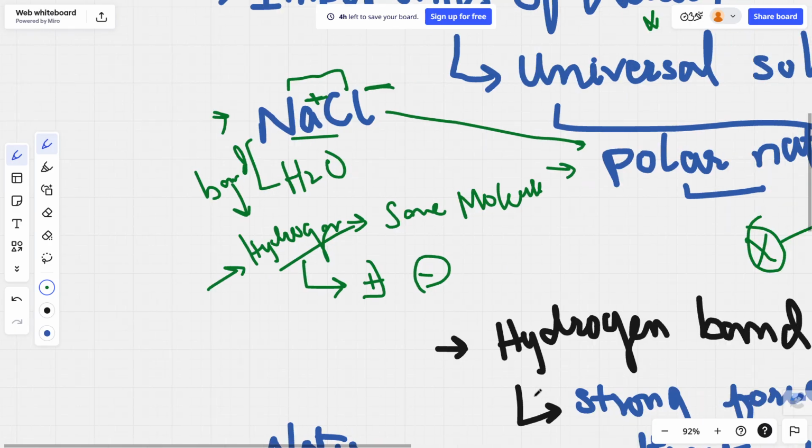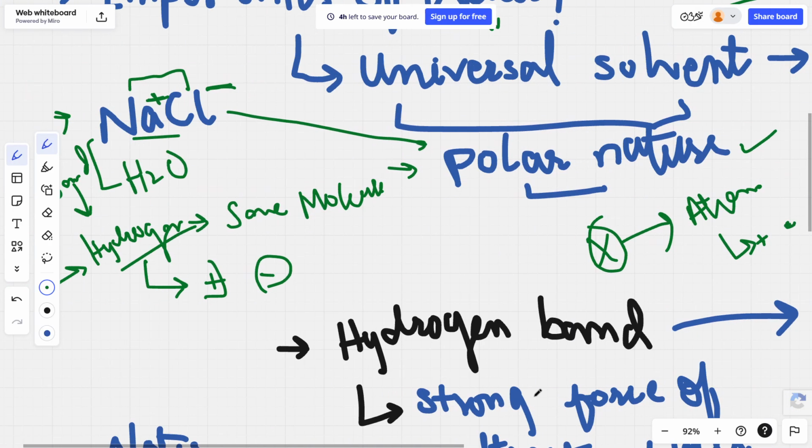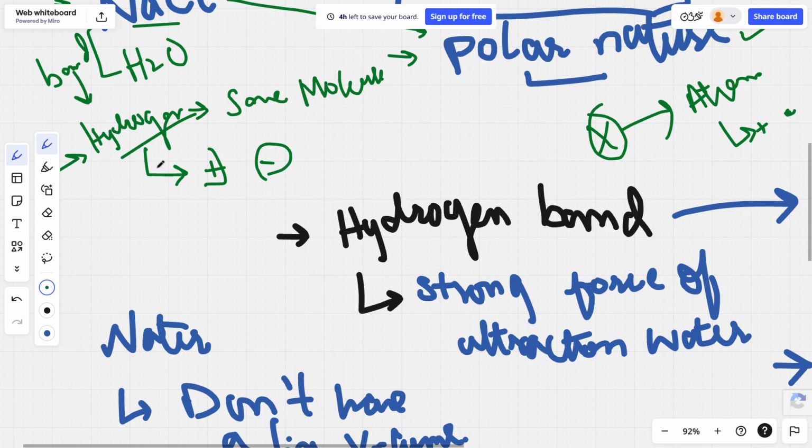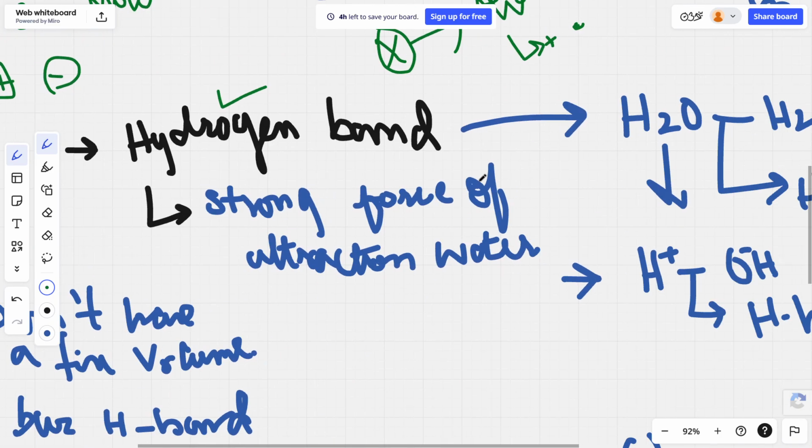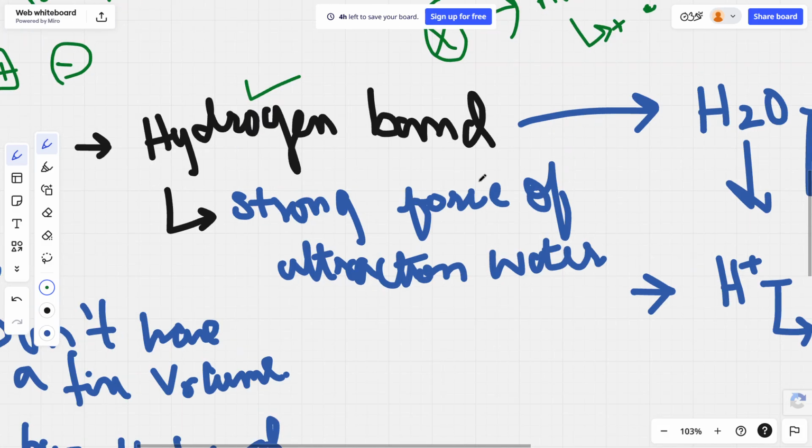Right? Now, what is hydrogen bonding? Basically, when we have different charges on atoms, there is a strong force of attraction in that molecule, like in the water we are studying. So there is a strong force of attraction in water. That is called a hydrogen bond. For example, let me tell you the structure of a hydrogen bond.